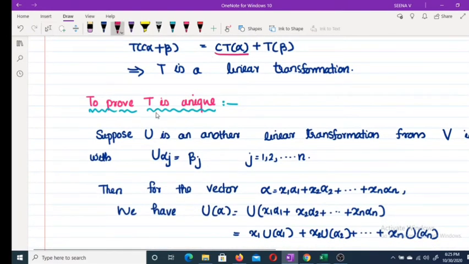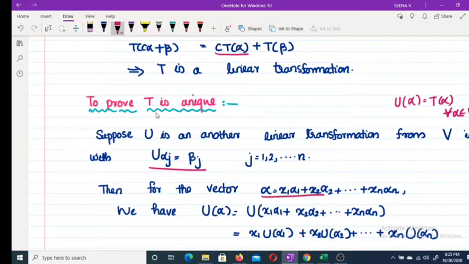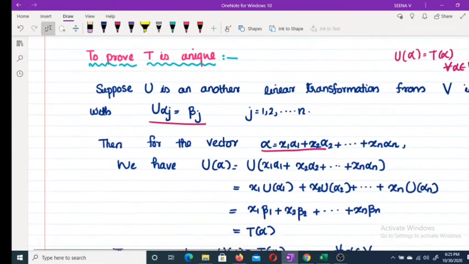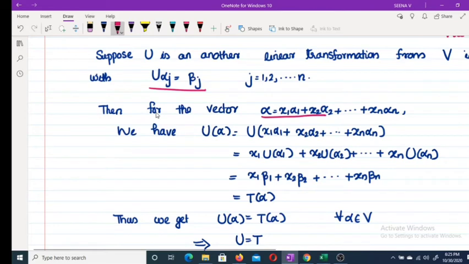Now we have to prove this T is unique. Suppose U is any other linear transformation from V to W satisfying this condition. To prove T is unique, we have to prove U equal to T. So for proving U equal to T, what do we have to prove? We have to prove U alpha equal to T alpha for every alpha belongs to V. Now for any vector alpha, you can write alpha equal to this one.